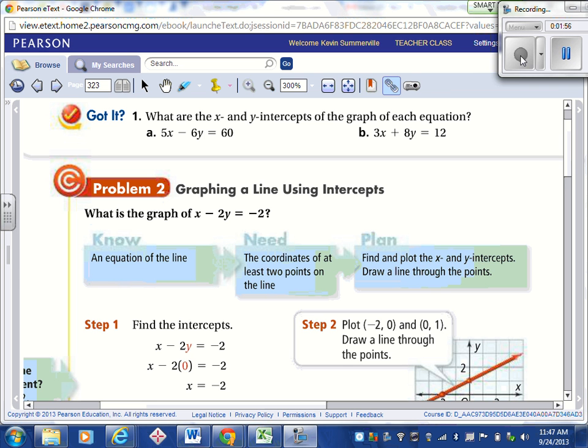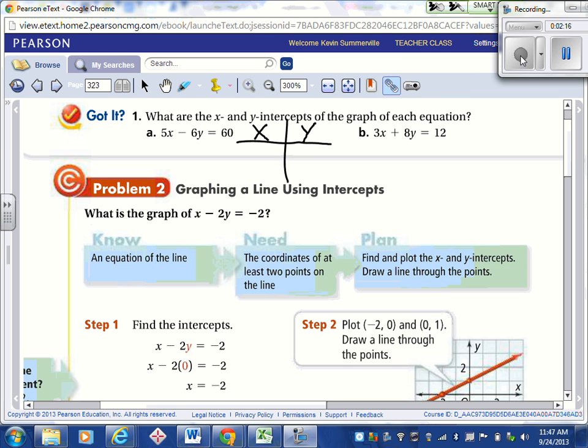Now, when I do it this way today, I'm going to do an XY chart. So on your paper, do X, Y, and draw a line. So make an XY chart just like we have right there.